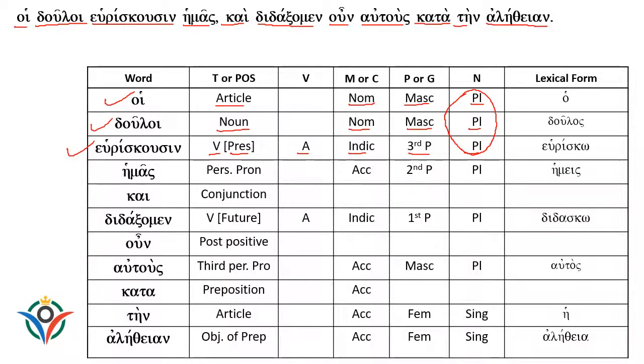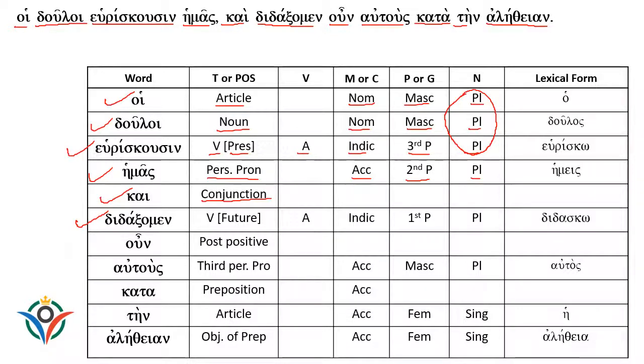Then we have hēmas, which is a personal pronoun. All right, it's the accusative case. It's a first person plural. All right. And then we have kai, which is a conjunction, which we translate as and. Then we have didaxomen.